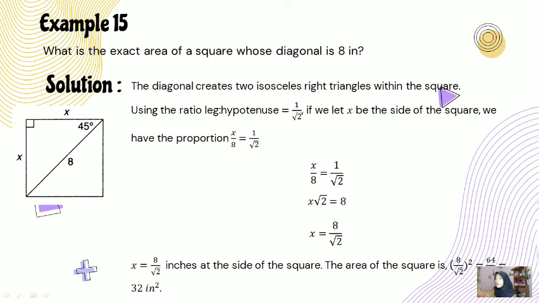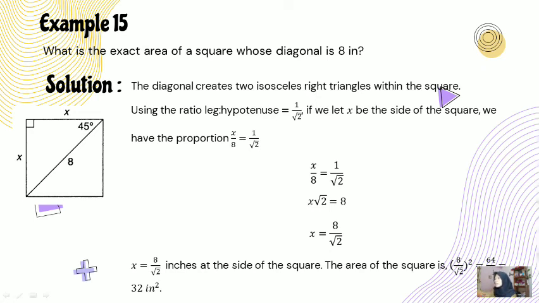In the next example 15, what is the exact area of a square whose diagonal is 8 inches? And the solution, the diagonal creates two isosceles right triangles within the square using the ratio leg to hypotenuse equals 1 per square root 2.